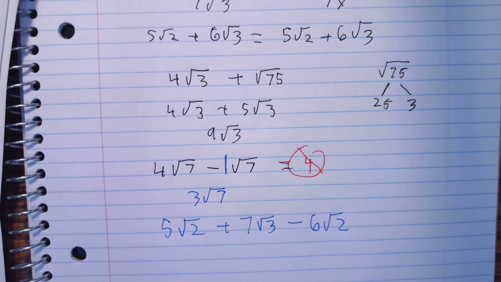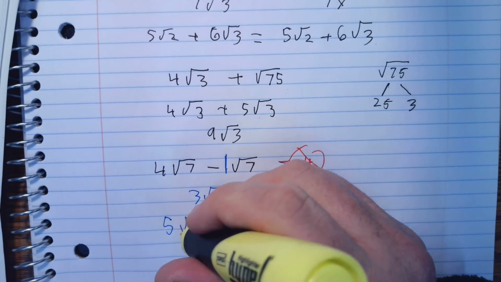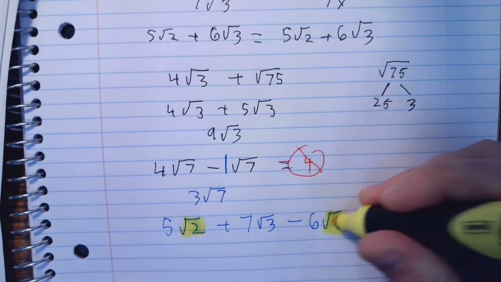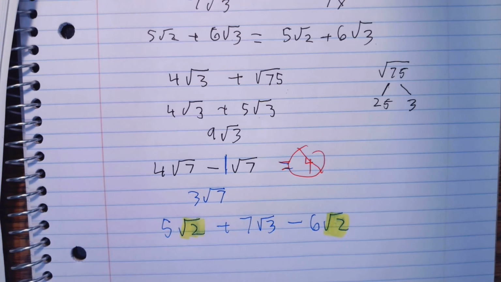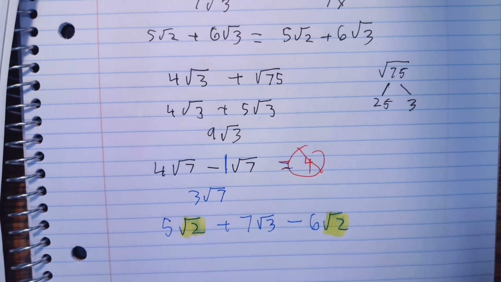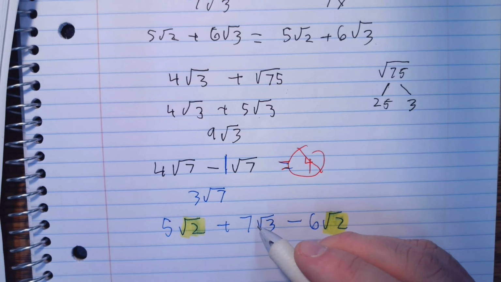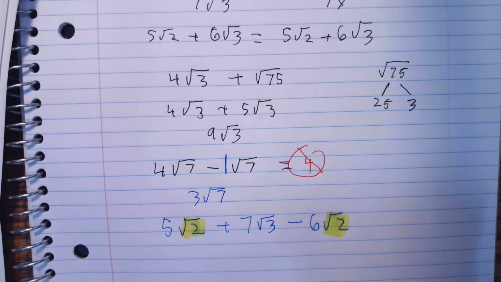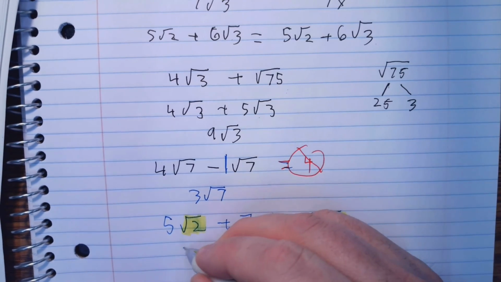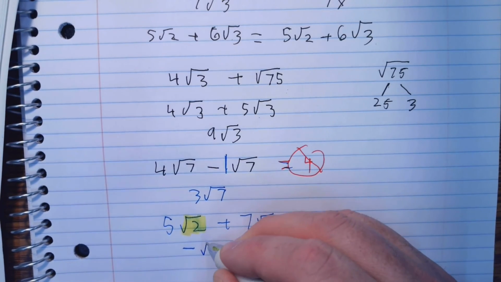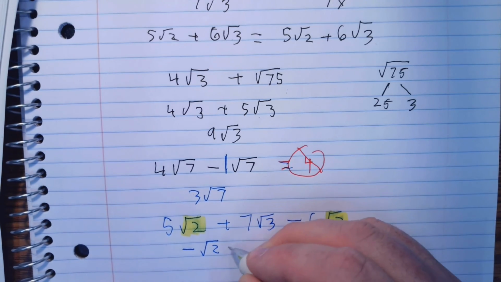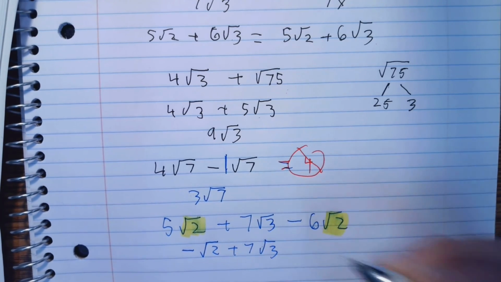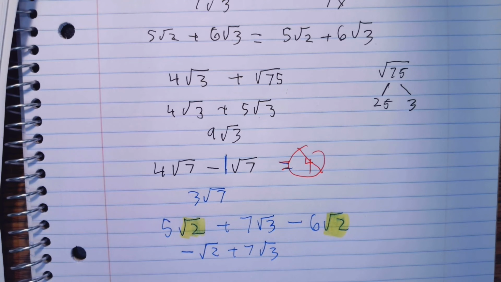Okay, go through and go, well, this is like, and this is like, but this one's different, right? That means I can't add it together. Oh well. 5 minus 6, what's that going to leave me with? There we go, negative 1. So that would be negative 1 radical 2, or just negative radical 2, plus 7 radical 3, and I'm done. I can't do any more.